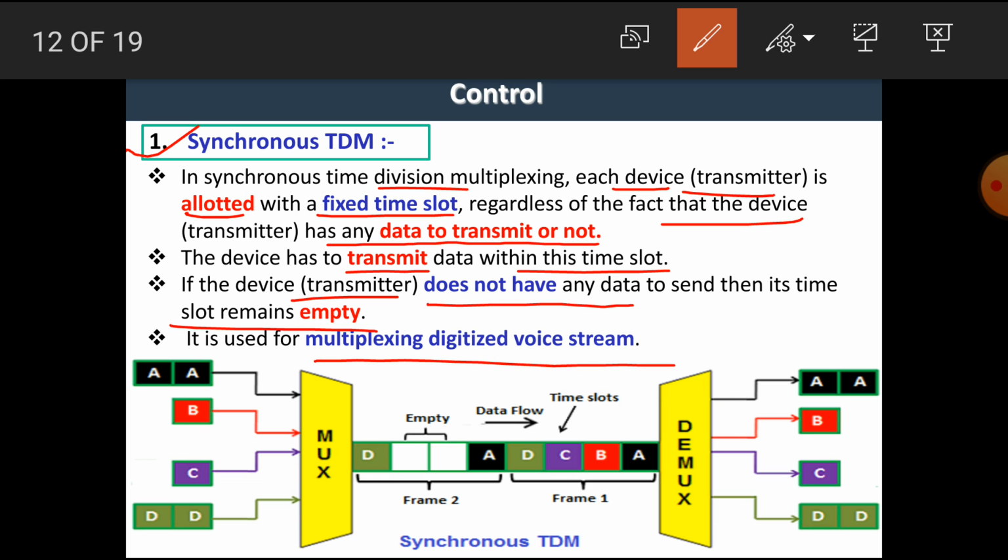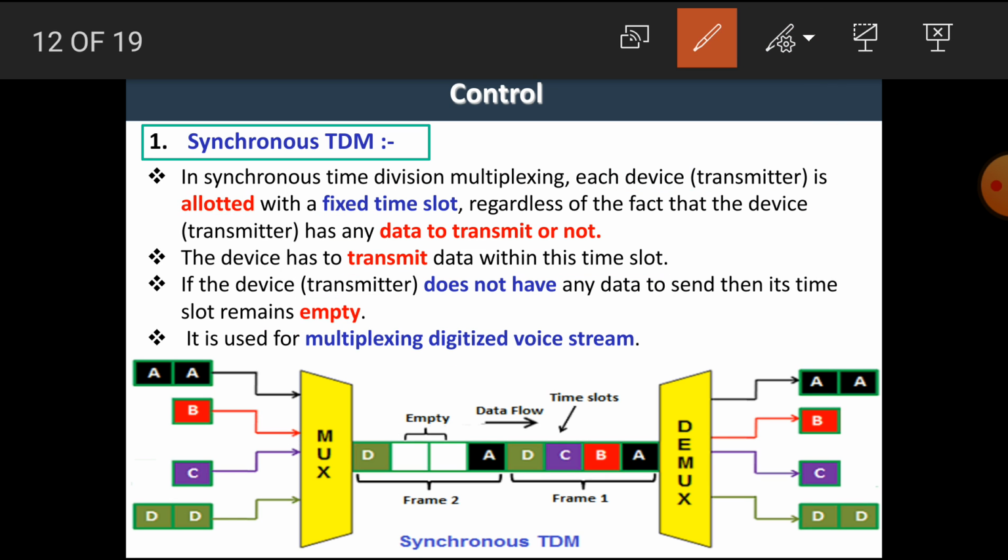It is used for multiplexing digitized voice streams. That means in synchronous time division multiplexing system, the time slots are fixed. For example, let's consider this diagram. Here there are total 4 sources A, B, C and D, hence the length of the frame is also 4 bits. I hope you understand the concept here.